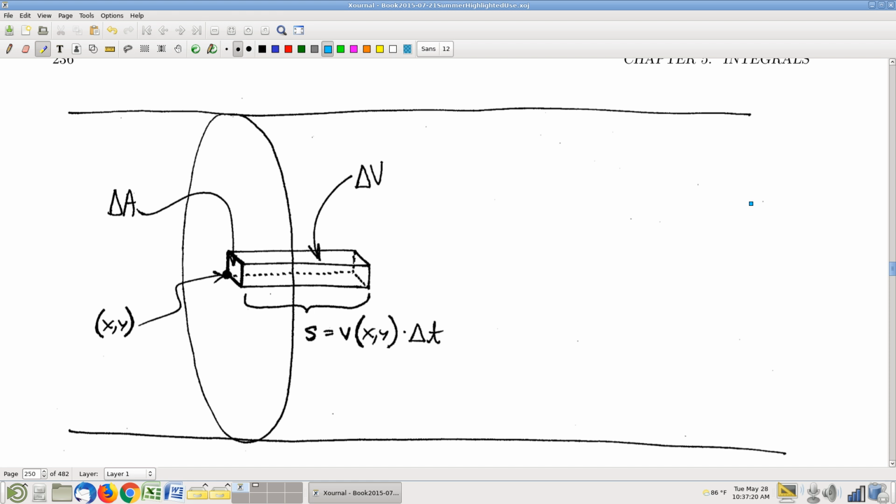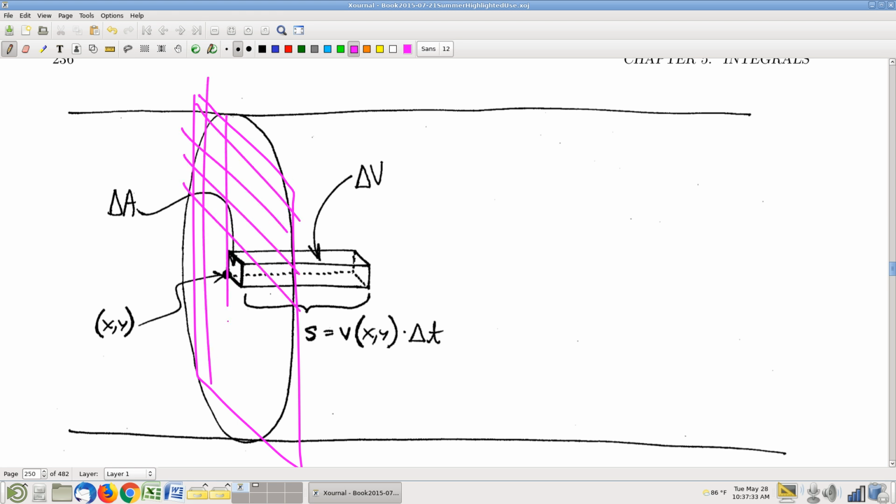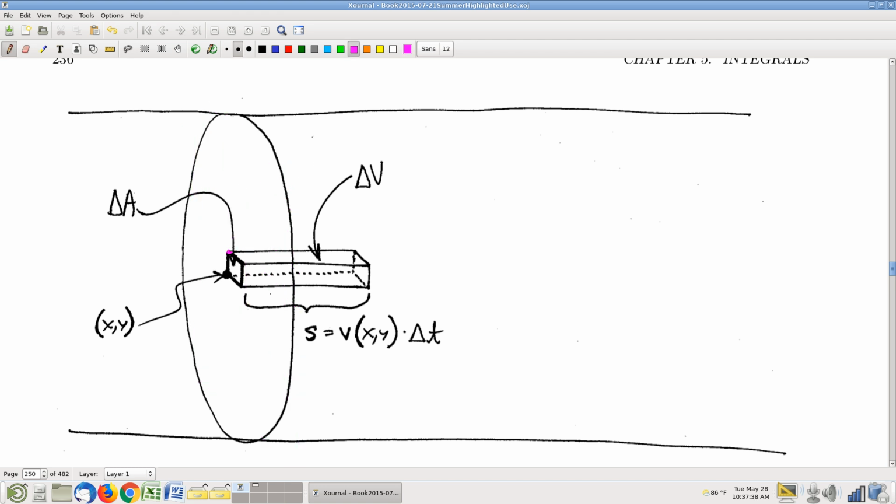So here's the way we're going to approach this problem. The first thing I'm going to do is say, well, with my region, and again, I apologize for the bad picture, but this rectangular cross section, I can chop up that rectangular cross section into little pieces. On each little piece of that cross section, I could ask how much water per unit time is flowing through just that piece.